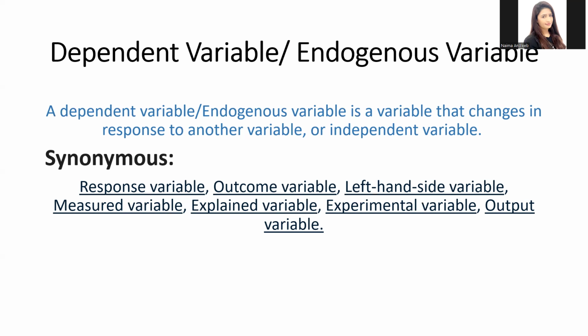Left-hand side variable: this variable always comes at the left-hand side in the model. Whenever we draw a model, the independent variable always comes at the right side and the dependent variable comes at the left-hand side, along with output variable, outcome variable, response variable. So these are the dependent and independent variables and constructs.